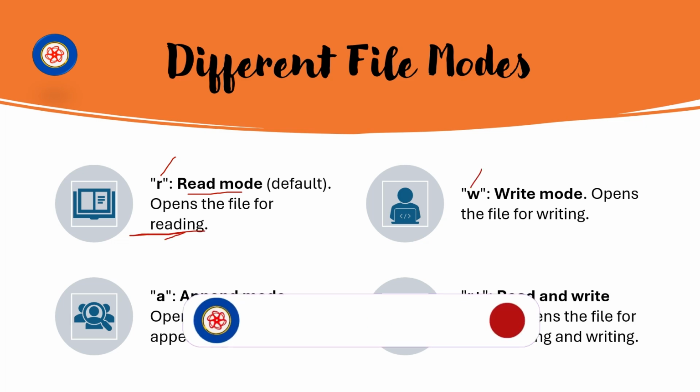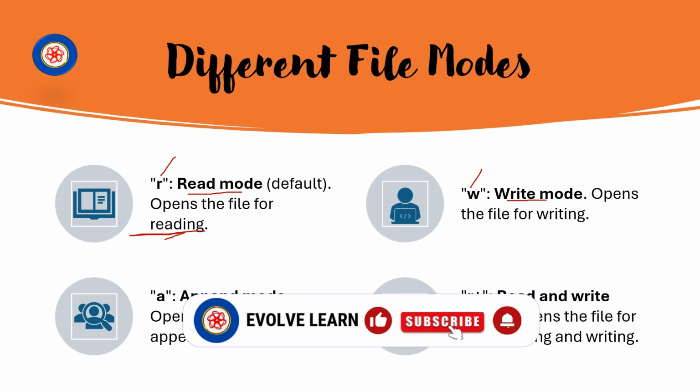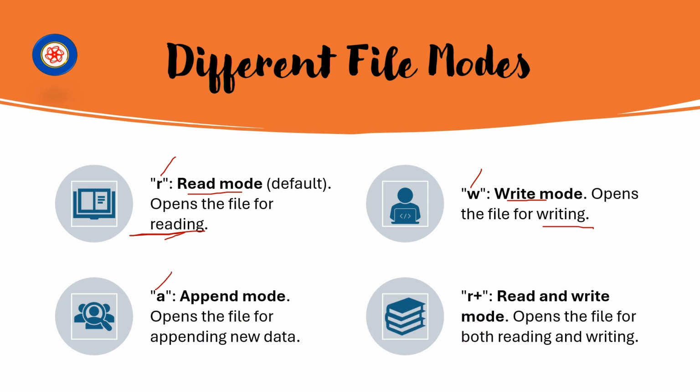W represents write mode, which opens the file for writing or overwriting any existing content. A represents append mode, which opens the file to add new data without removing the existing content. Finally, R plus, which represents read and write mode, which opens the file for both reading and writing.